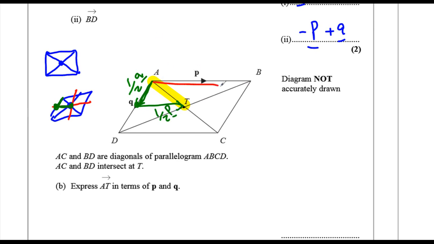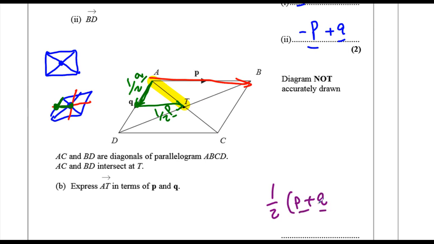Because this vector can be picked up and moved wherever you want it, okay? And it's all parallel all the way down. Right, so it's going to be a half of P plus a half of Q, aka, if you really want, half of P plus Q.